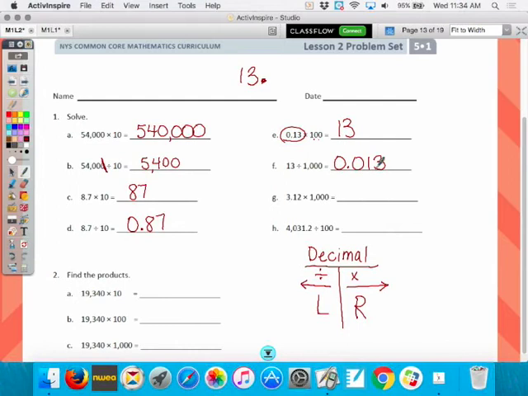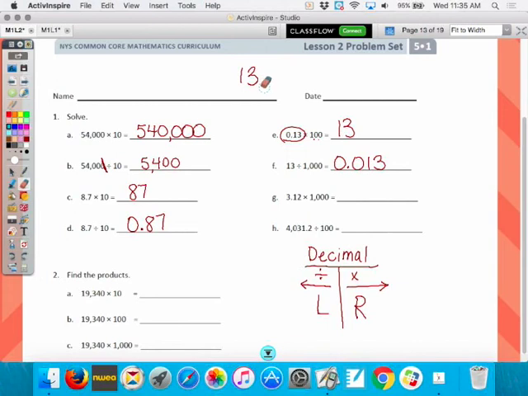Dora, how do you say that number? 13,000? I saw her eyes. She did great. She said she knew it was 13, so she looked up here and found the word thousands. Okay? All right, so let's try putting 13.